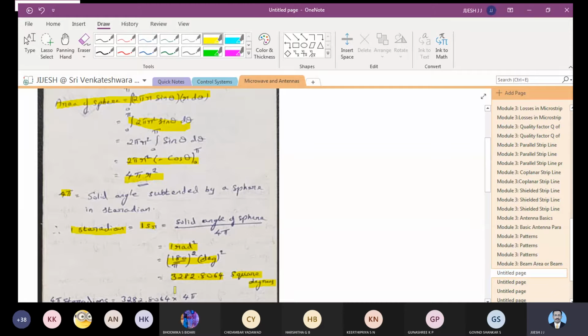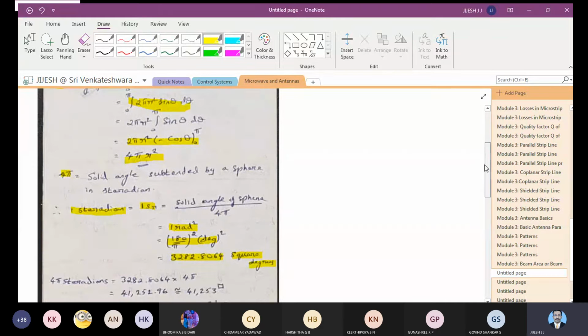So for 4 pi steradians, you have to multiply by 4 pi. You will get the solid angle subtended by the sphere. 4 pi steradians is 3282.8064 multiplied by 4 pi. You will end up with 41,253 square degrees.